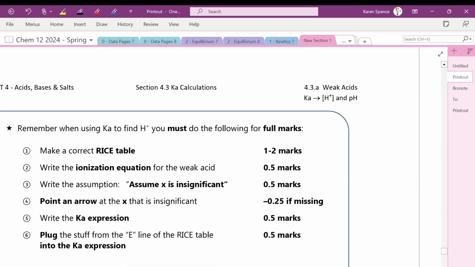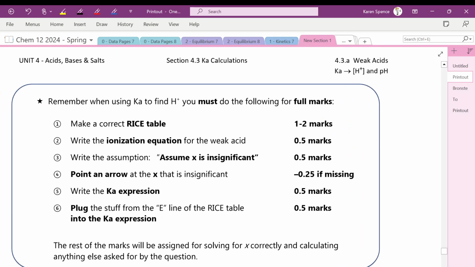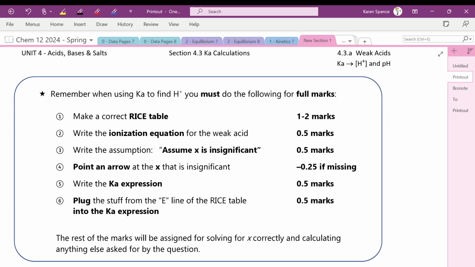All right, so here's a list of steps if you're using Ka and H+. So this is for a weak acid. Remember to make a correct rice table, including the ionization equation of the weak acid. Remember to write the assumption X is insignificant.